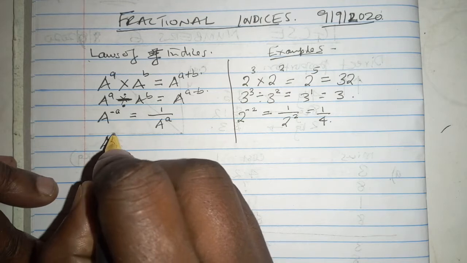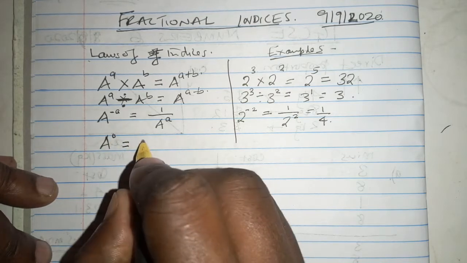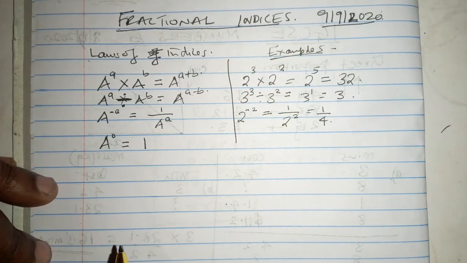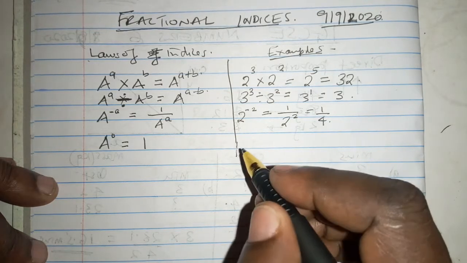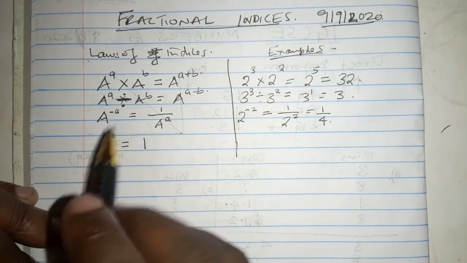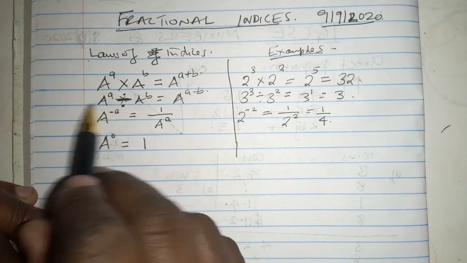If a is raised to power 0, this is the same as 1. Any number whose index is 0 is equal to 1. I will prove this by borrowing law number 2.